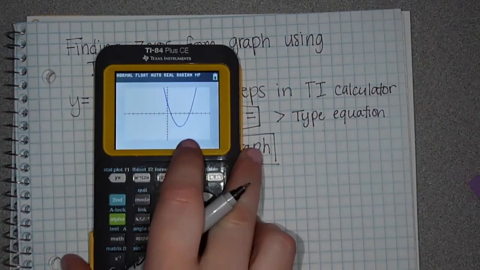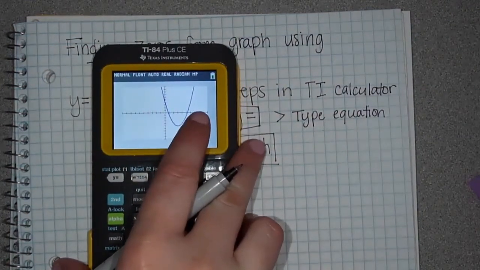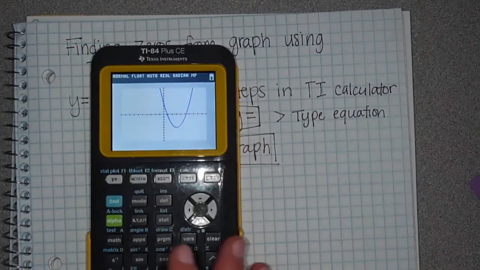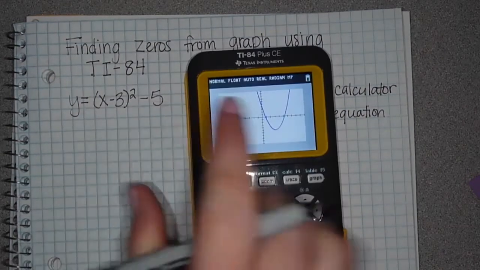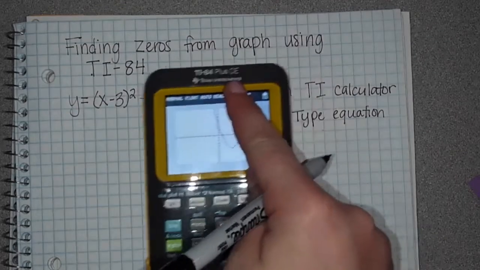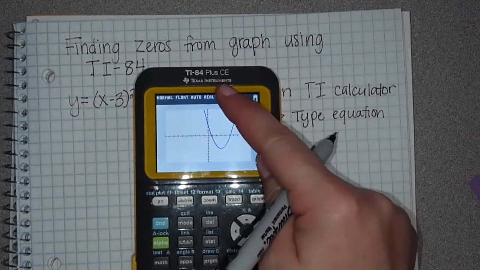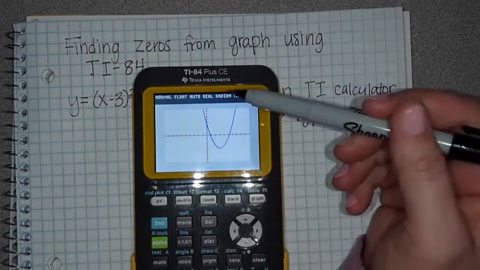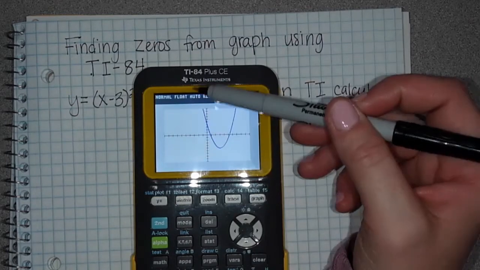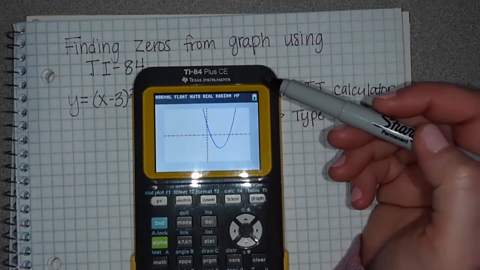So then you're going to hit graph. Sometimes based on what the equation is, like if it was shifted up 10, you couldn't see the graph. But in this case, you can see the graph, so we're fine.